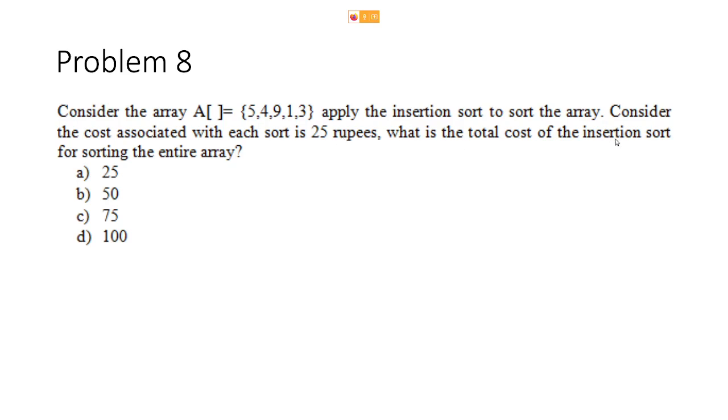Then what is the total cost of insertion sort for sorting the entire array? If I interpret it like this, then the answer is 75. But if there is any other interpretation, like each swap is 25, then there are too many swaps and there is no other option for that.